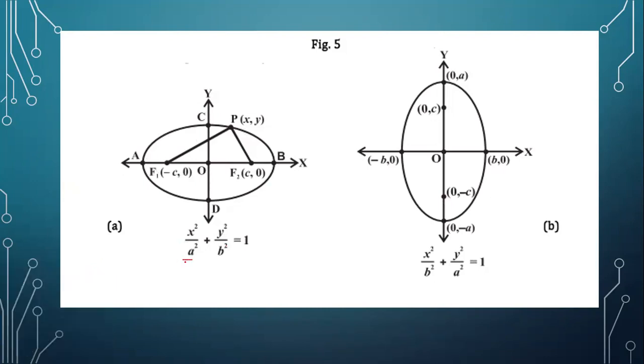A is the vertex, B is the co-vertices. We use this equation if the center of the ellipse is at the origin, or the coordinates are 0, 0. So the A and B interchange, depending on where the ellipse is.